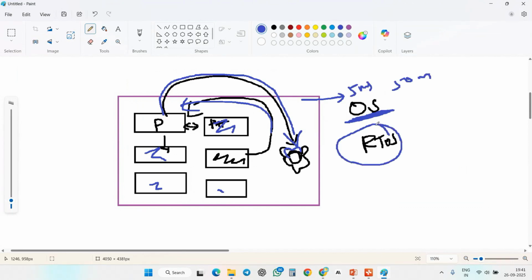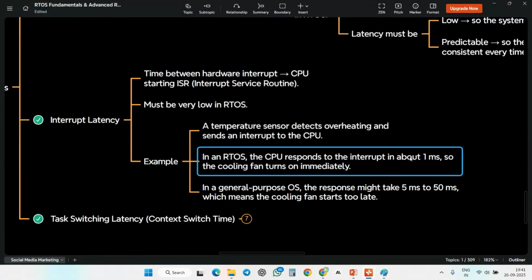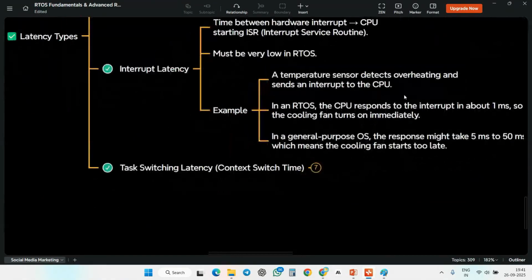But in our task, it should maintain a very low latency, just 1 millisecond. The cooling fan should turn on within very few milliseconds. That is called interrupt latency.